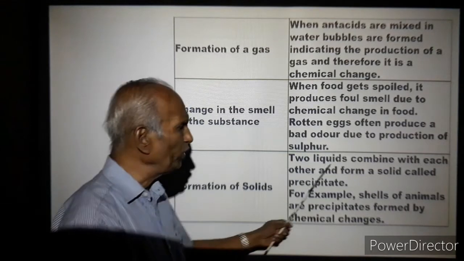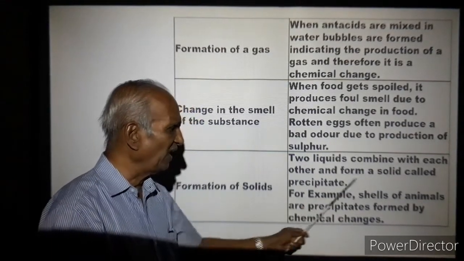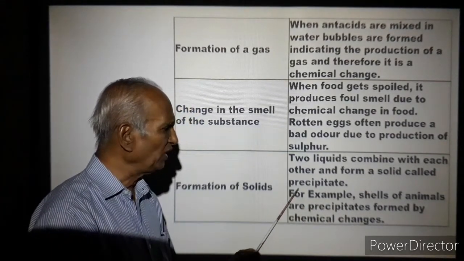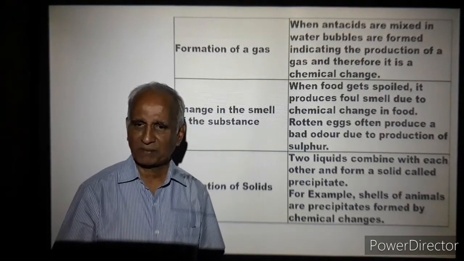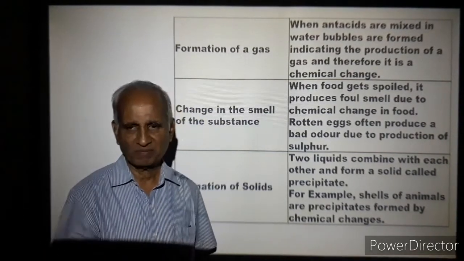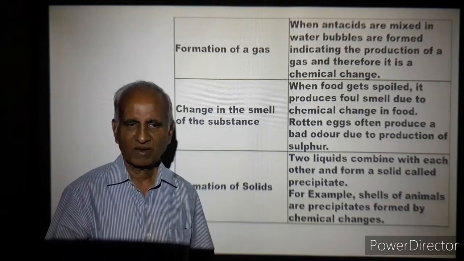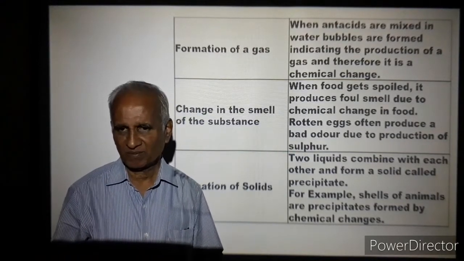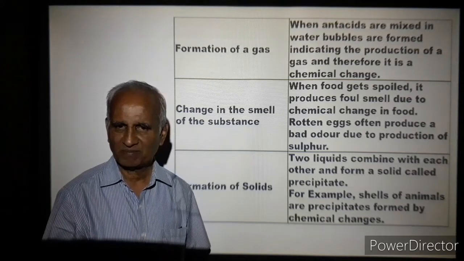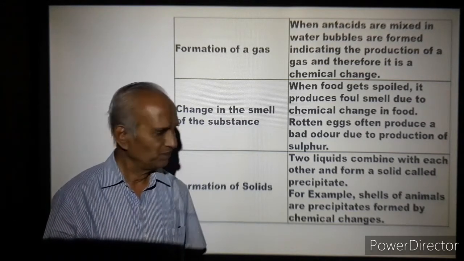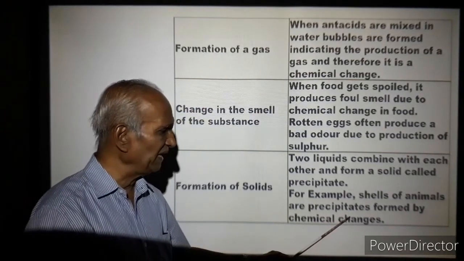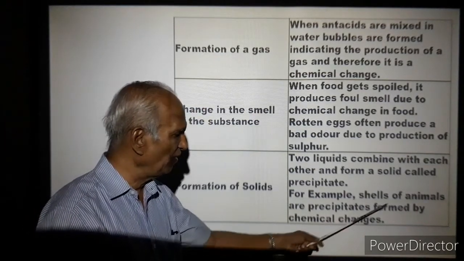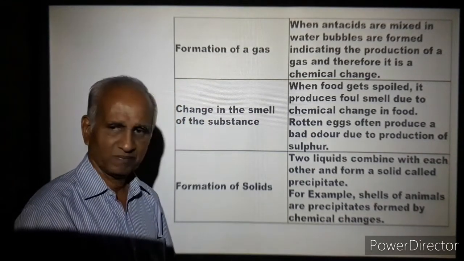Formation of solids. Two liquids combine with each other and form a solid called precipitate. There will be precipitation sometimes from the atmosphere. Rain is precipitation. For example, shells of animals are precipitants formed by chemical changes.